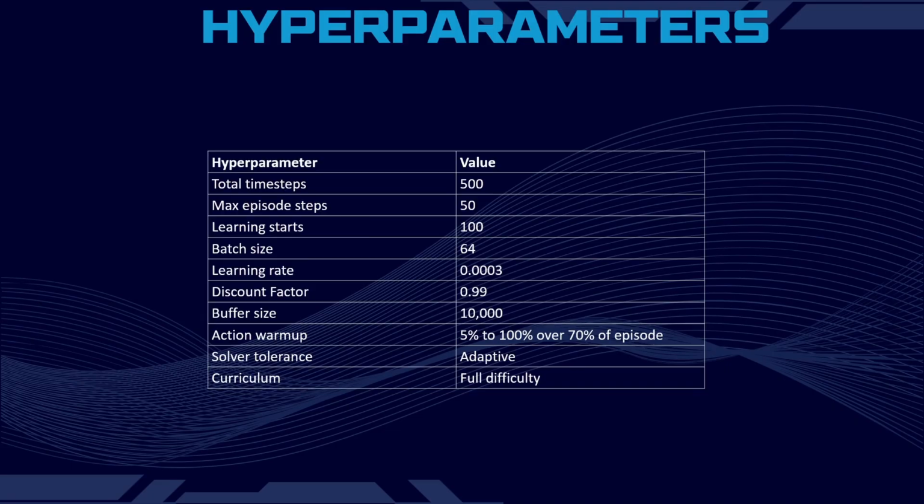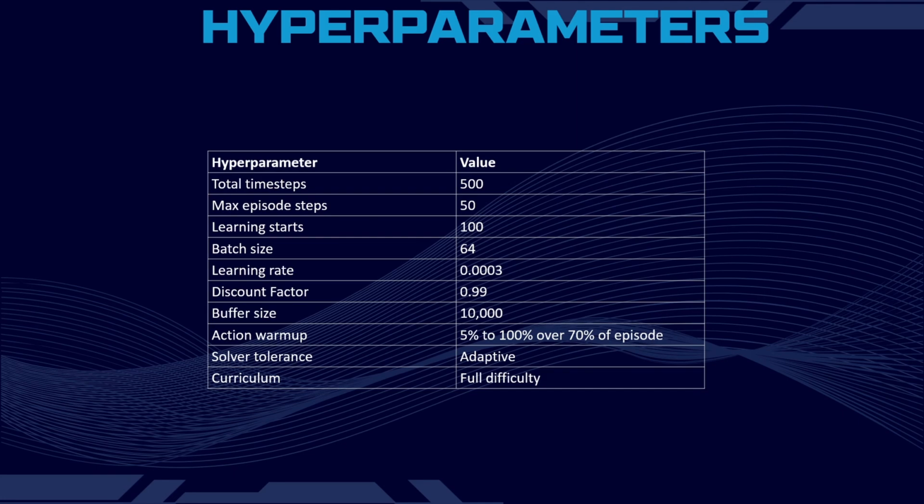So the max episode step decides a reset parameter for the episode, right? So if it doesn't crash, up to 50 steps only are looked at per episode. And the other things are pretty straightforward. The learning starts after 100 time steps only, so the last 400 time steps are where it learns.